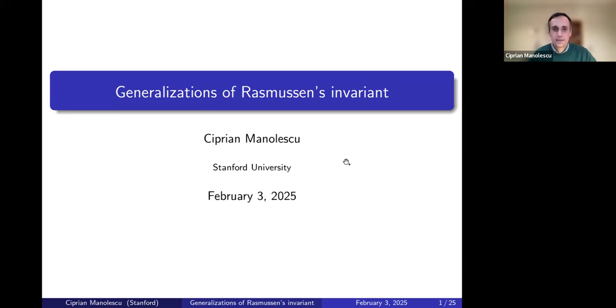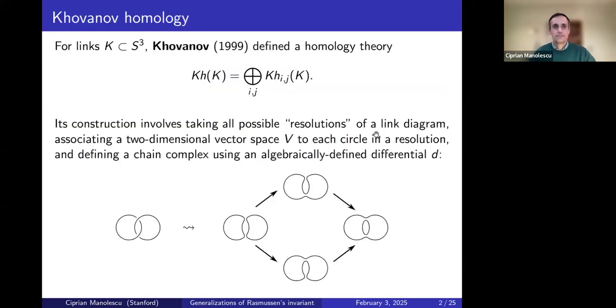Let's first review the usual Khovanov homology and Rasmussen invariant in S3. I assume this is something many of you know. Khovanov defined his homology theory for knots in S3. It's a bigraded abelian group, and the definition is quite simple. You look at the link diagram, you take all possible resolutions, and you get some circles.